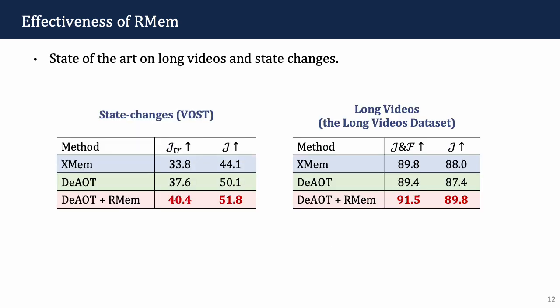Our RMAM also becomes the new state-of-the-art on long videos and state changes. In terms of this challenge, we mainly illustrate the performance on the left, where we improve DEAOT on the challenging VOST dataset. We also highlight that our method is very effective when dealing with very long videos, although we are using a much smaller memory bank.